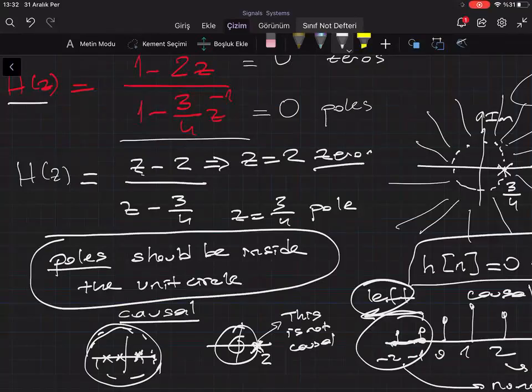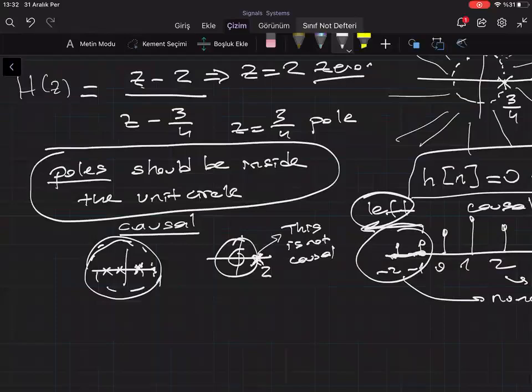Is that part clear arkadaşlar? For causality, all poles should be inside the unit circle, and if our system is causal, then it will be a right-sided sequence, and I will draw outside.